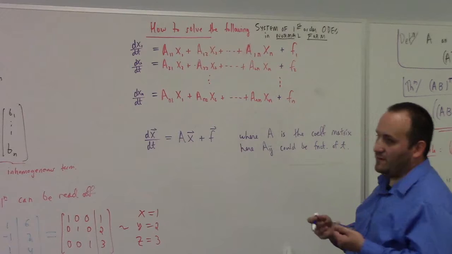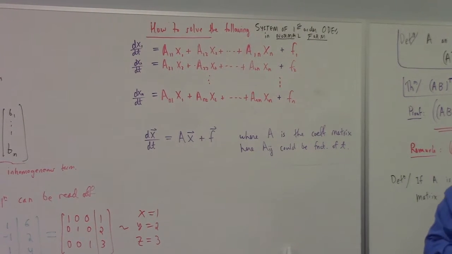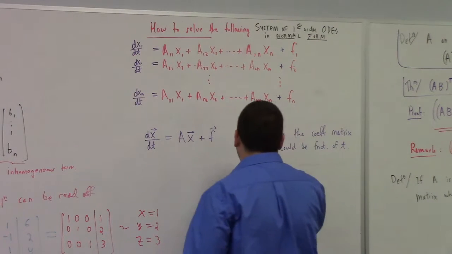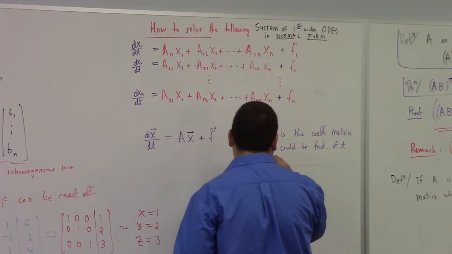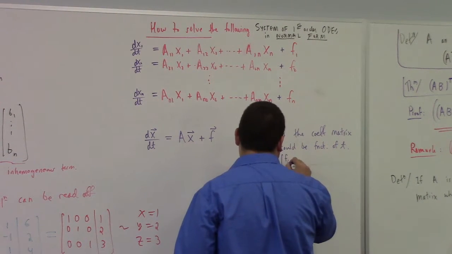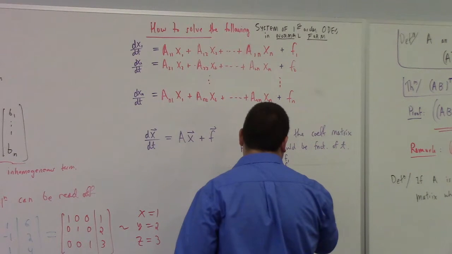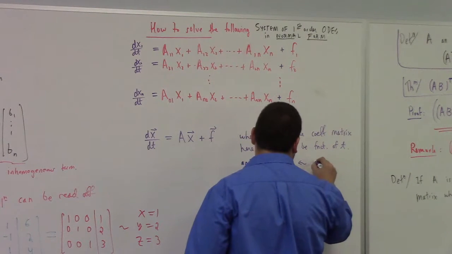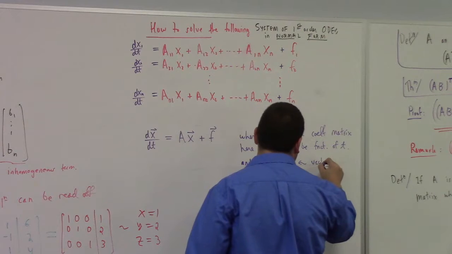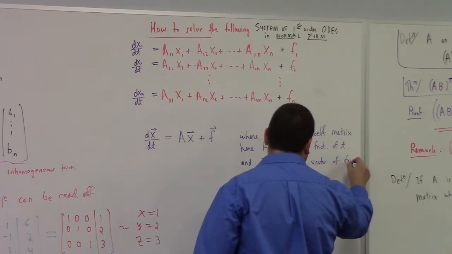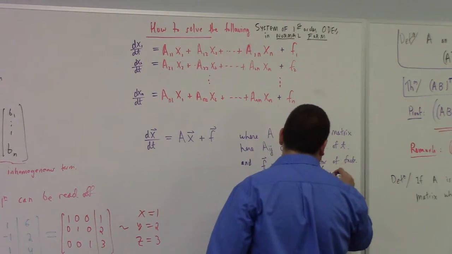Generally speaking, the coefficients are actually functions of t. And f is a vector of functions of time again.